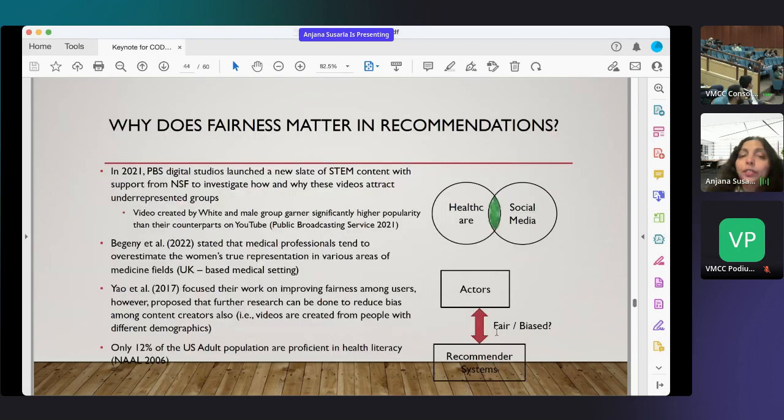The other problem which we are trying to understand is recommended videos in any healthcare context. We've had a lot of conversations with the YouTube policy team. One of the things they said is very challenging is not just the credibility of medical information, but also the representativeness of medical information.